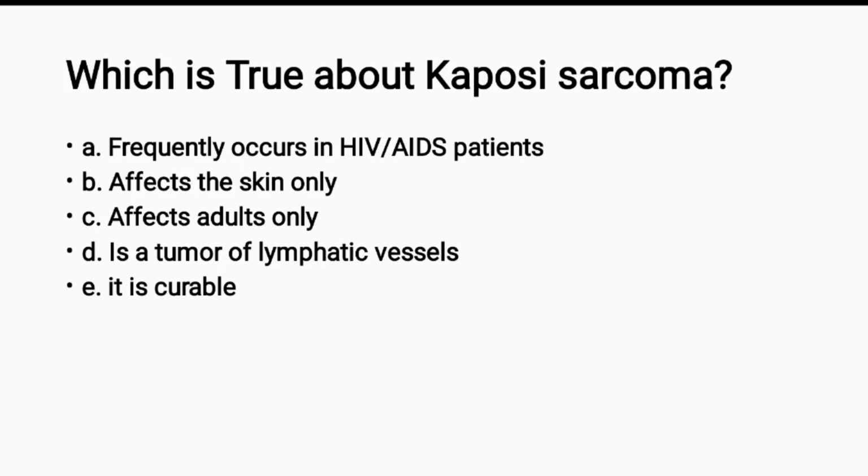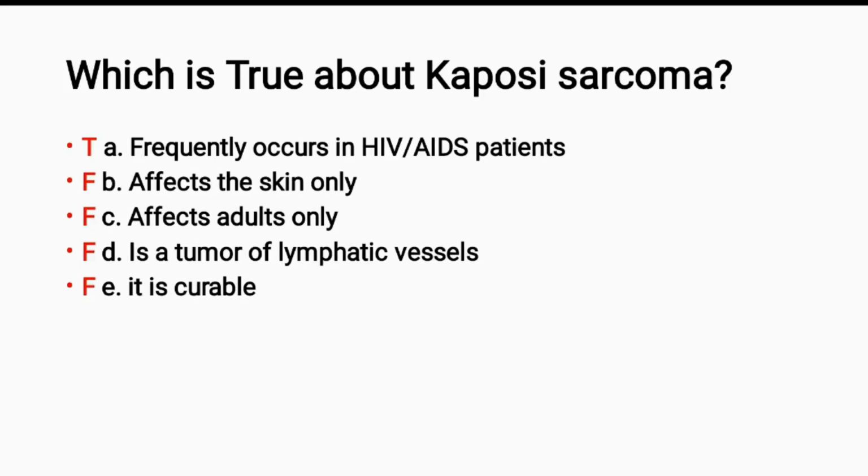E, it is curable. Well, the answer, it frequently occurs in HIV/AIDS patients. It affects not only the skin, but other tissues as well. It affects adults as well as children, and it is not curable.